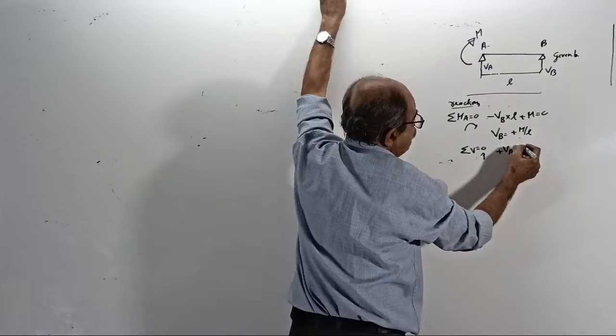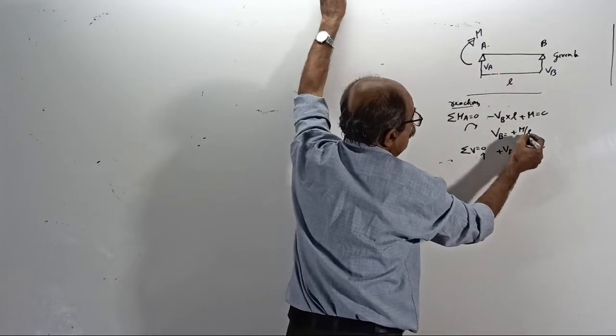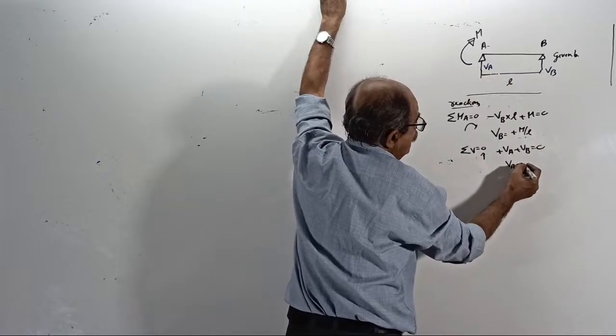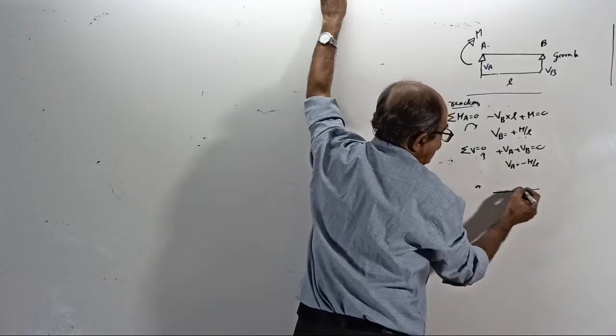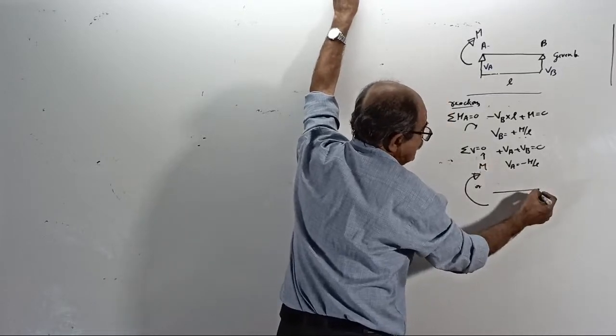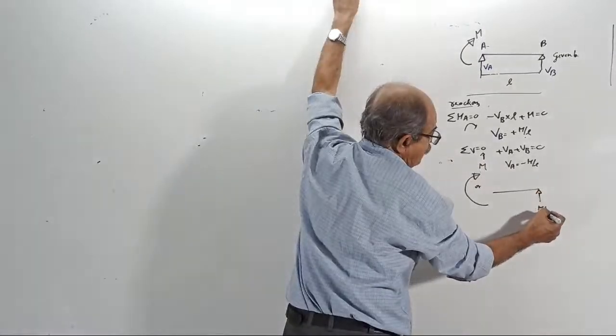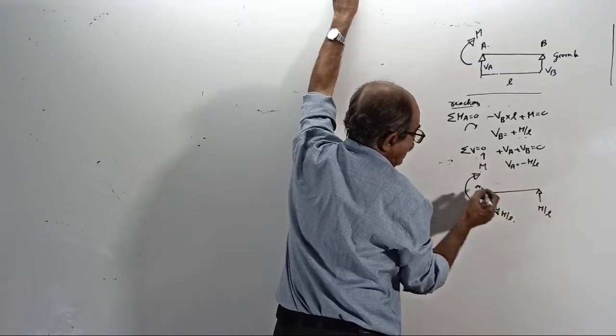Plus VA plus VB equal to 0, no load. We substitute for VB, VA will come minus M by L. Or you can tell, if you apply a clockwise couple M here, this reaction is upward of M by L. This is a downward reaction of M by L.